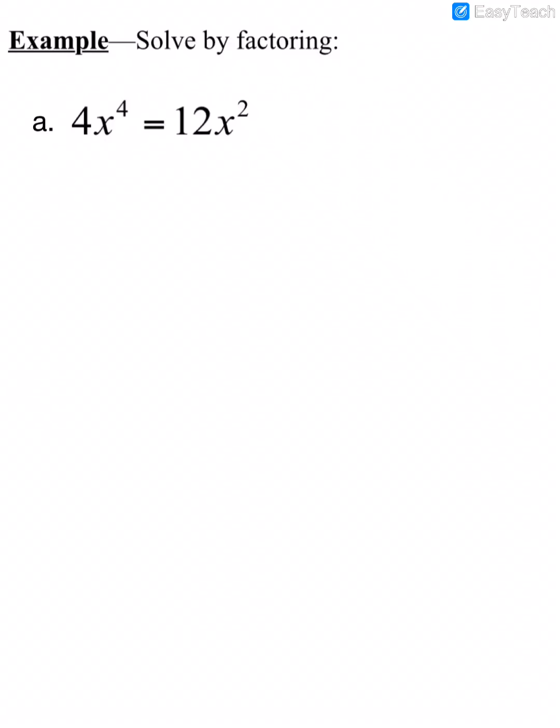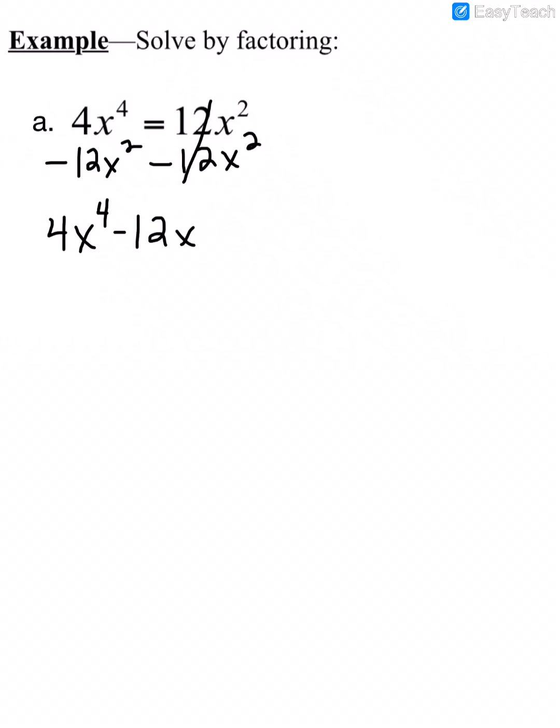So to do that, I'm going to subtract the 12x squared from both sides of the equation, and I'm left with 4x to the 4th minus 12x squared equals 0.